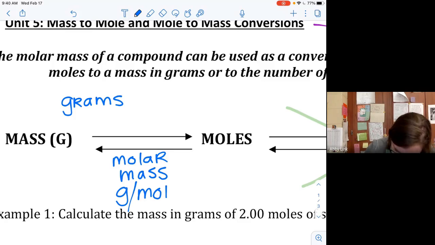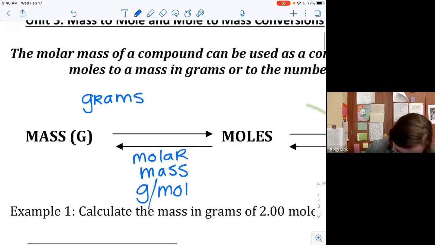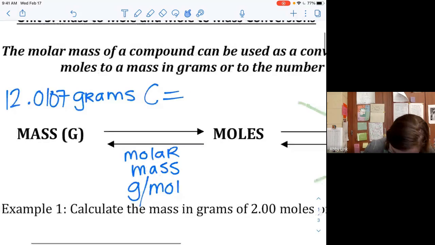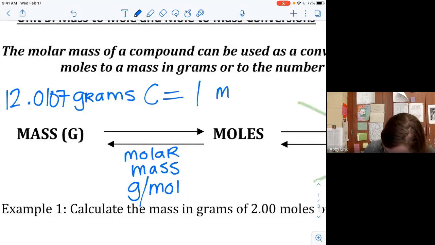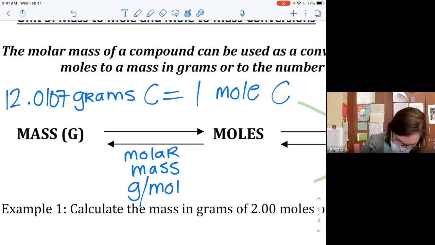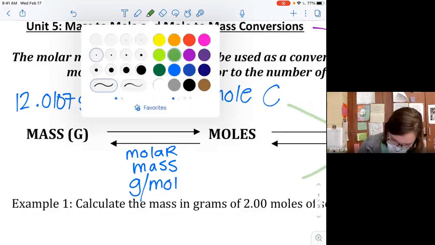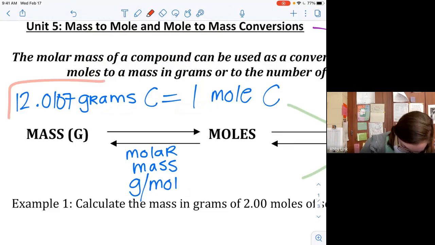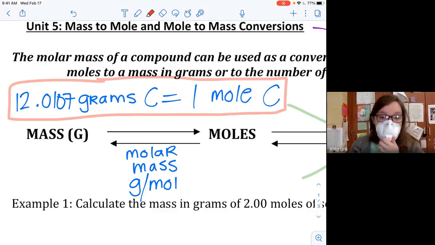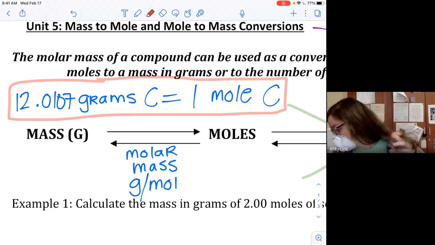So carbon's mass on the periodic table, 12.0107 grams of carbon is equal to 1 mole of carbon. All right, that's what our molar mass really tells us. We can use these numbers here, our mass from our periodic table, and that being equivalent to 1 mole, we are going to use this now as a conversion factor, okay?